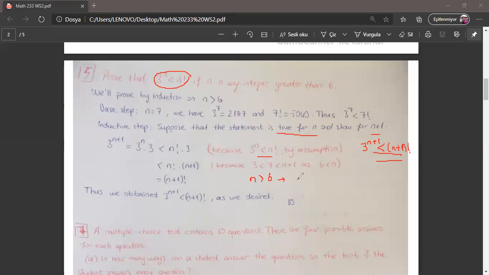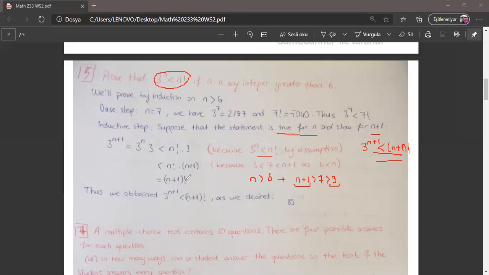So if we add 1, n plus 1 is greater than 6 plus 1, which is 7, which is obviously greater than 3. So n plus 1 is greater than 3. That's why we can write n plus 1 instead of 3, and we will obtain something bigger. So n factorial times n plus 1 is n plus 1 factorial, right?